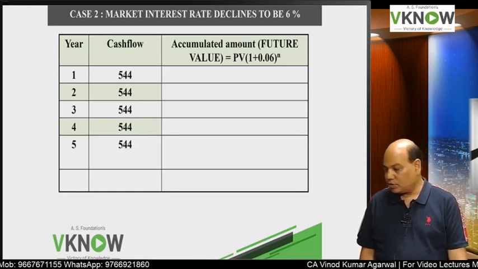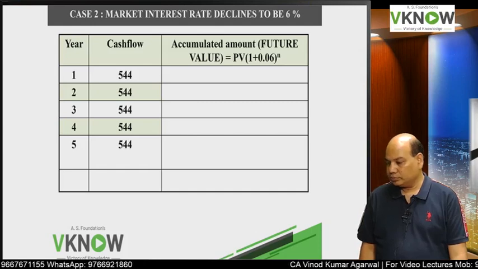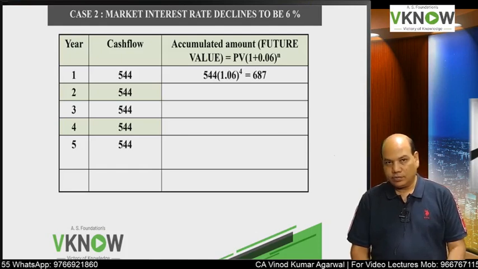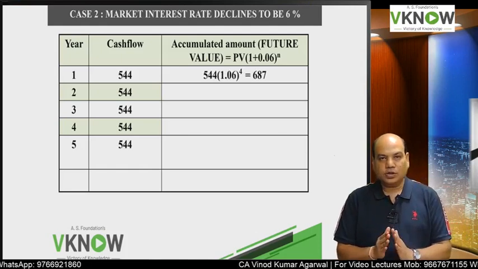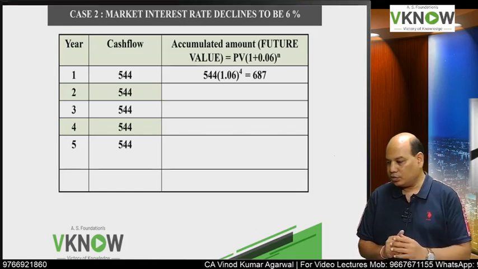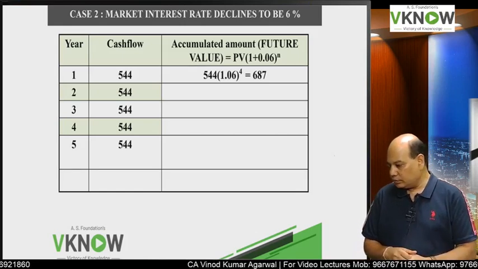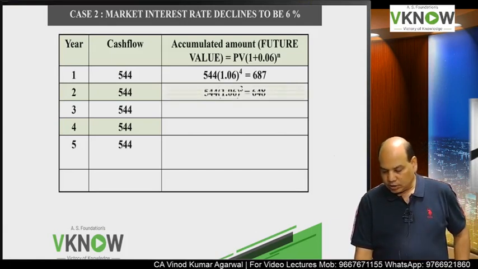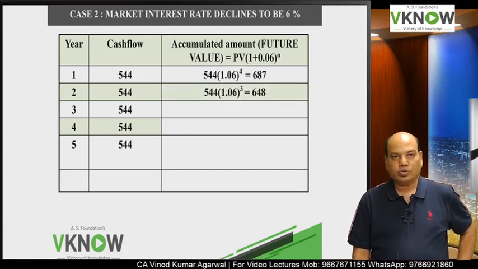So can you please try? What will be the amount you will receive if 544 is invested at 6% for 4 years? Check the answer, 687.